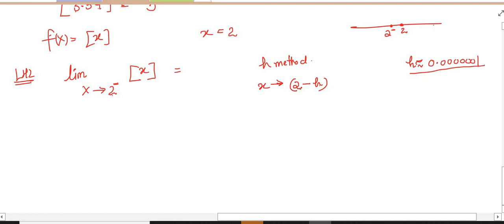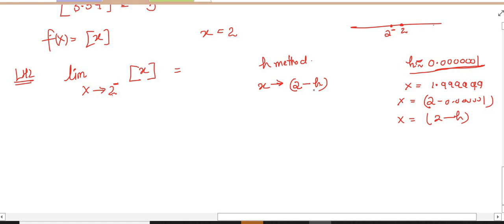So very close to 2 it may be, x may be 1.999999. Okay, and what we can write is 2 minus 0.00001. Or we can write x is equal to 2 minus this h. That is how we can represent the limit as x tends to 2 minus.